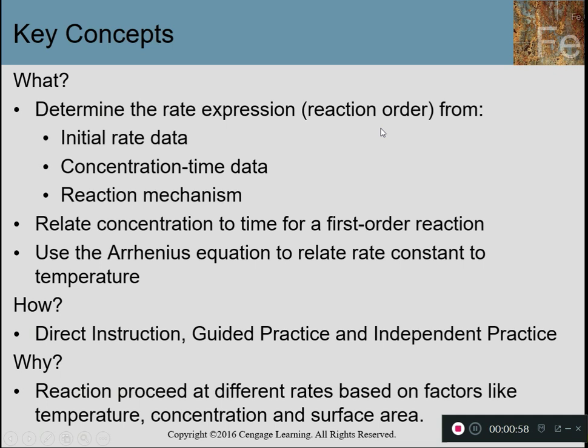Key concepts in this chapter: I'm going to talk about what the rate expression is, and how we figure it out from initial rate data, from concentration-time data, and from reaction mechanisms. We're also going to relate concentration versus time in a first order reaction, and then use what's called the Arrhenius equation.